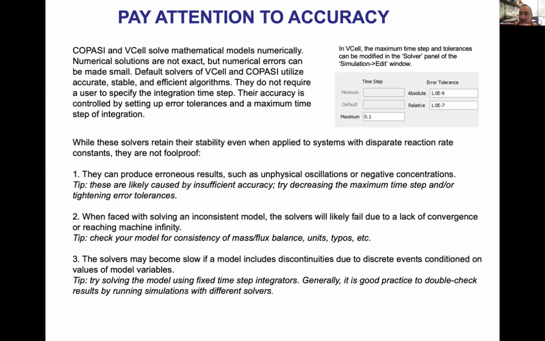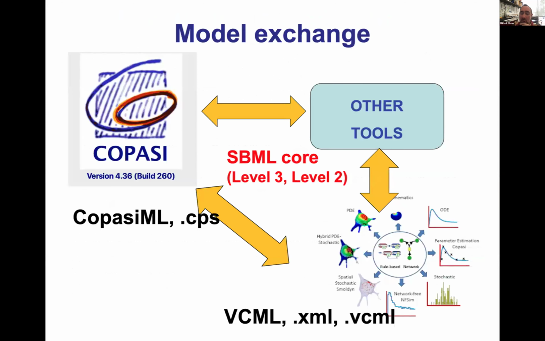So check it, and check it from the very beginning, as I said: run a very simple model, then a more complicated model, and at each step, check that everything is consistent.